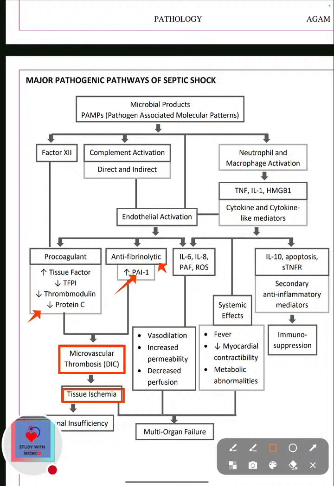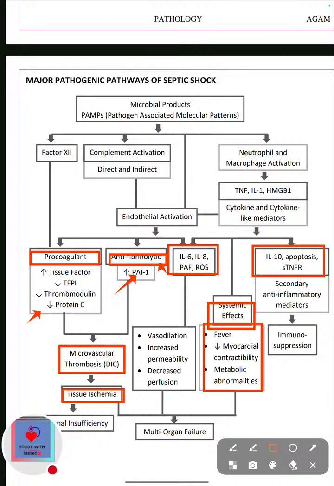Okay, here interleukin, so endothelium activation causes the antifibrinolytic effects, and interleukin 6, 8 and PAF and ROS activation, interleukin 10 and apoptosis and systemic effects.